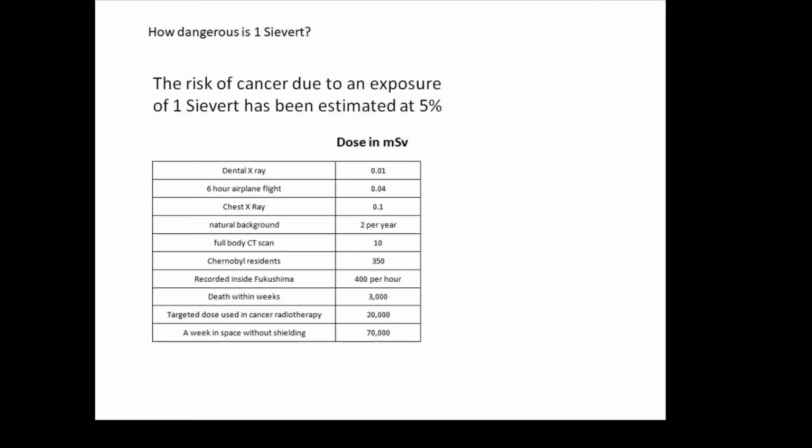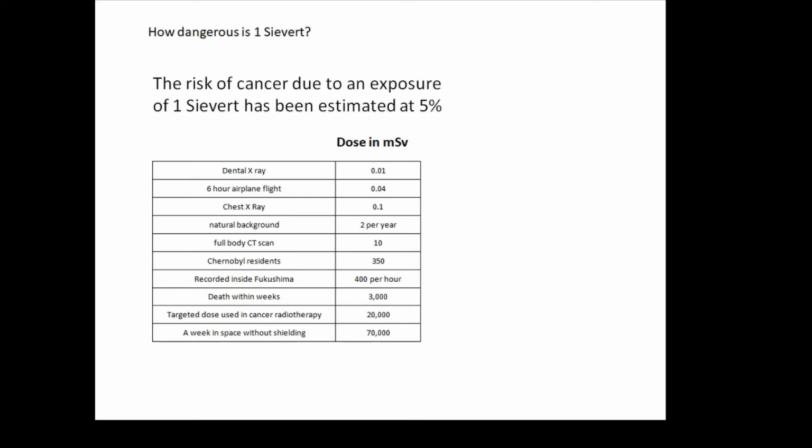If you have a dental X-ray, that's 0.01 millisieverts or 10 microsieverts. And then you'll see, read the table for yourself. Natural background radiation is 2 millisieverts per year. The people who lived at, is it Pripyat or something near Chernobyl, they got a dose of 350 millisieverts.